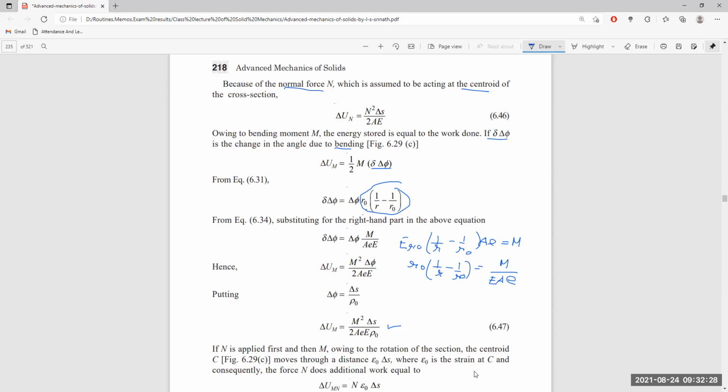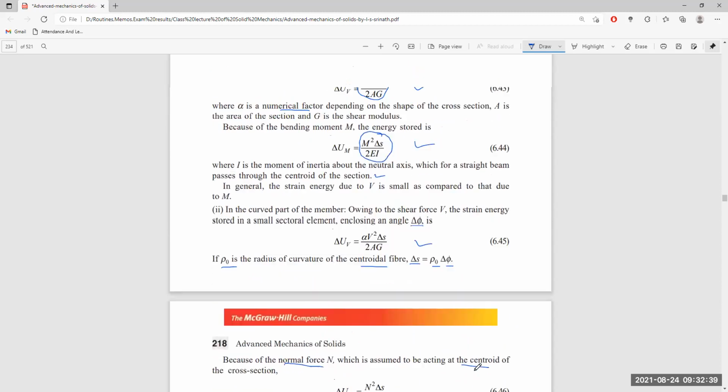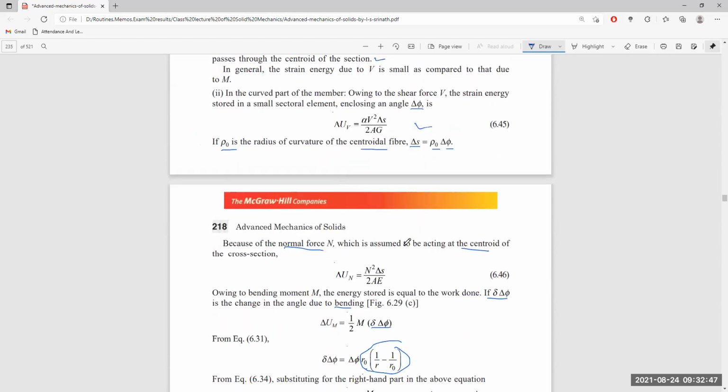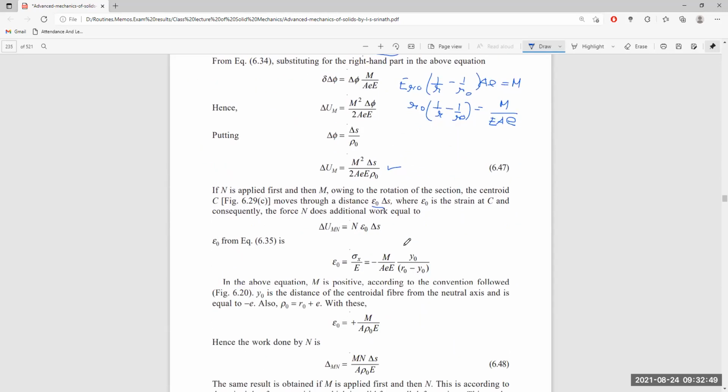If M is applied first and then N, going to the relation of the above, the centroid C moves a distance epsilon 0 delta S. Centroid C is the innermost part. This is the centroid C itself. This is the outermost side, and it will just move. Centroid C moves by distance epsilon 0 into delta S.